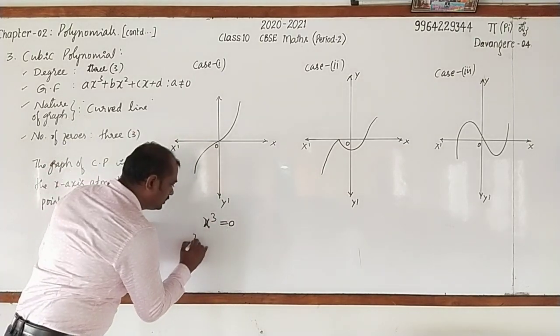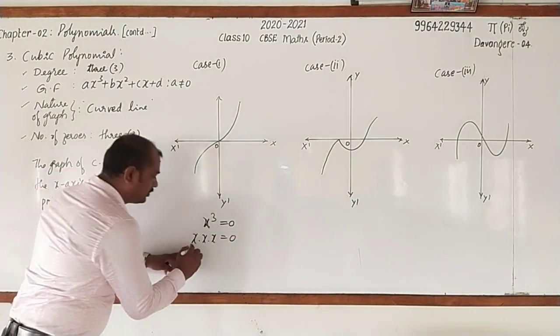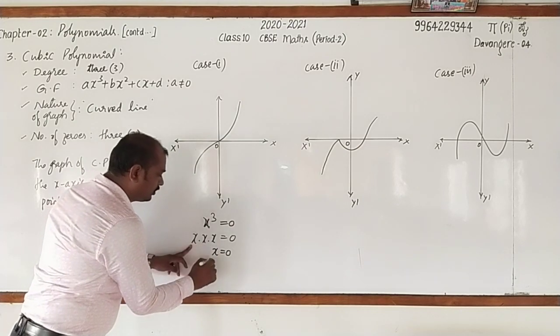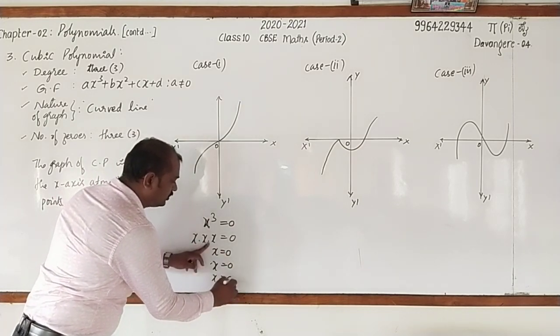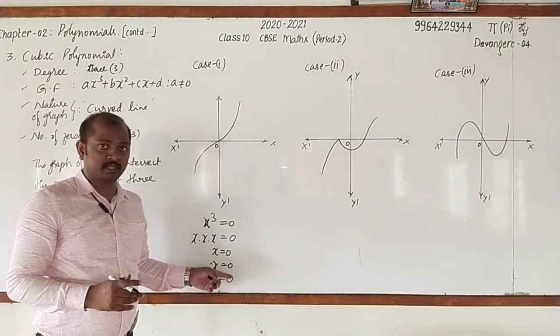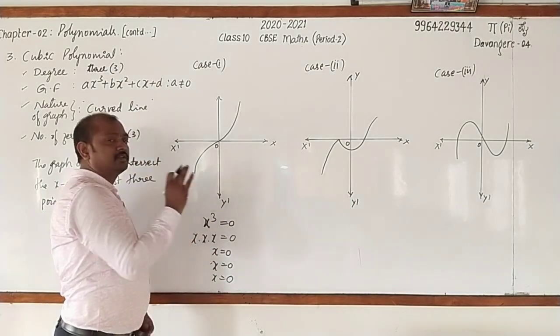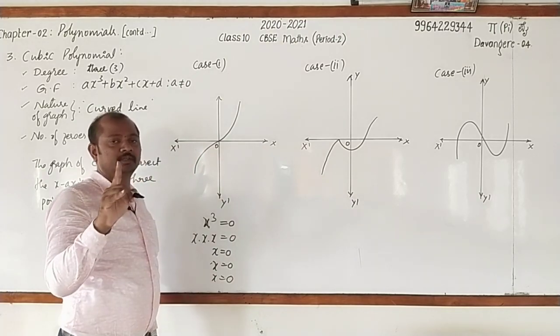You can write x cube as x into x into x, which is equal to 0. Now, you can equate each of these to 0. x equal to 0, second x equal to 0, third x equal to 0. How many zeros? 3 zeros are there, but all the zeros are the same only. Hence, we get only 1 point.